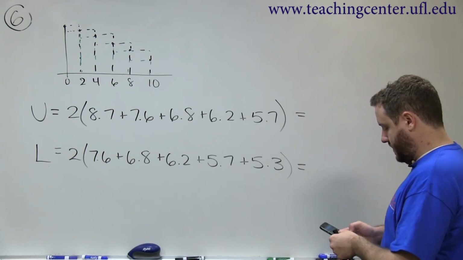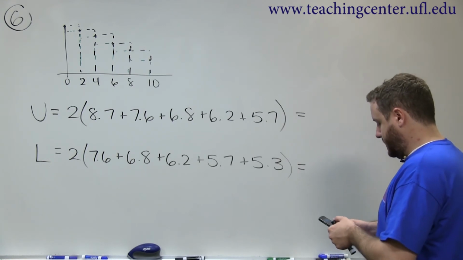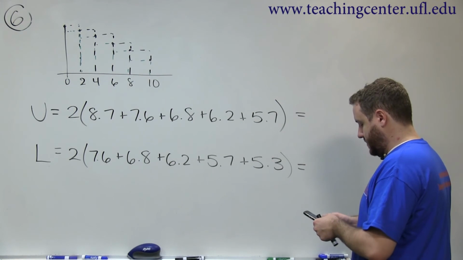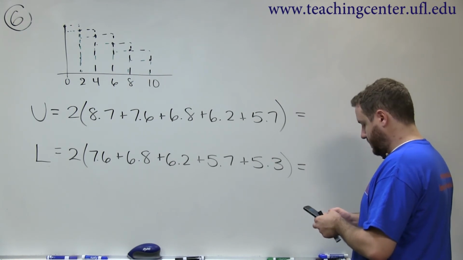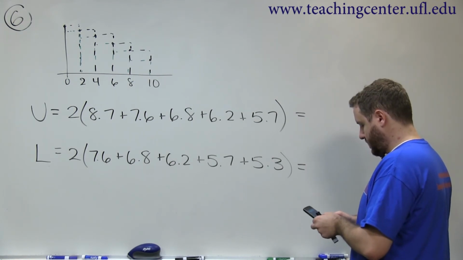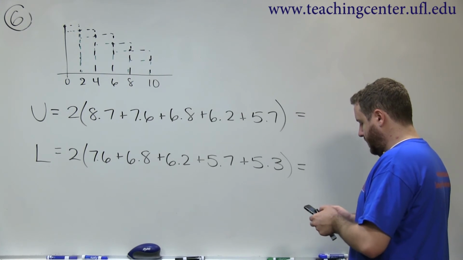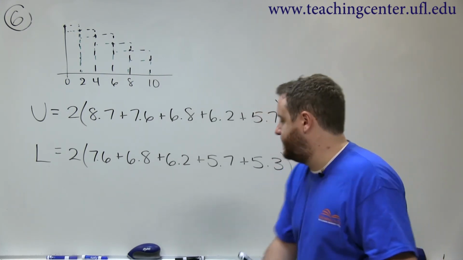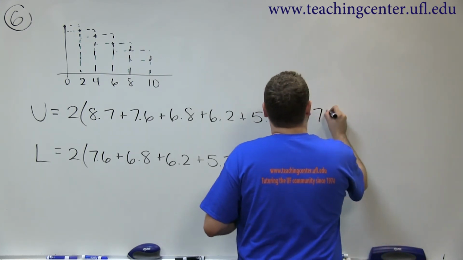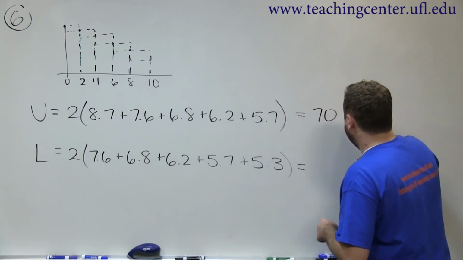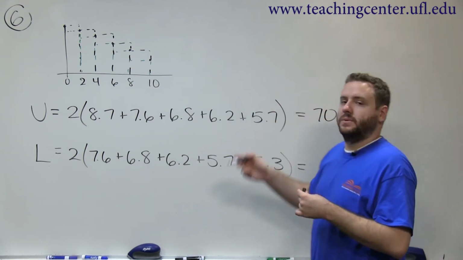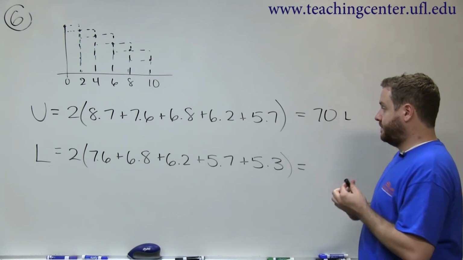Oops, give me a second here. So I'm just adding these numbers up, multiplying by 2. So the upper estimate is just 70. The unit here would be liters, because this rate was in liters per hour.